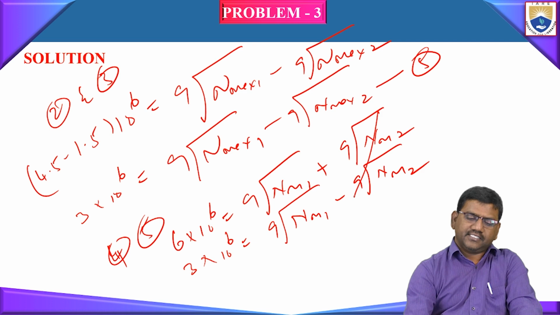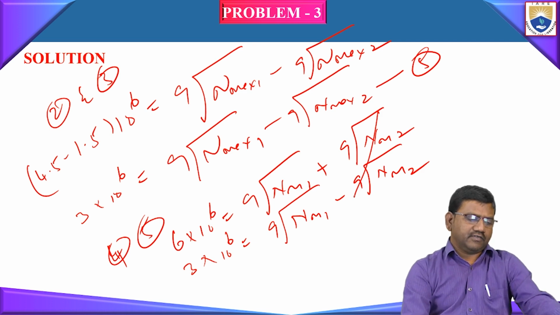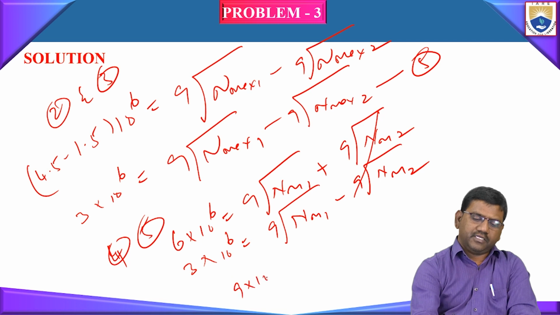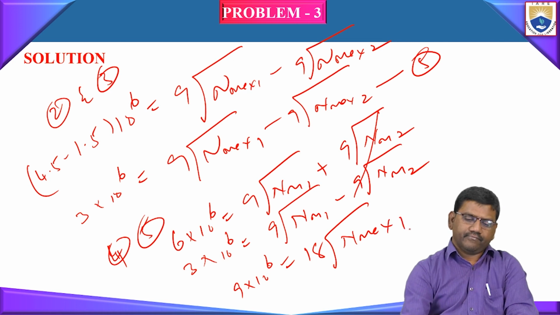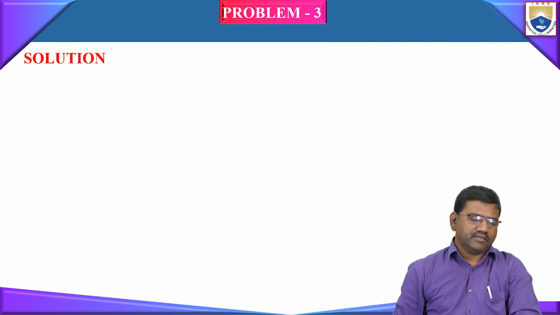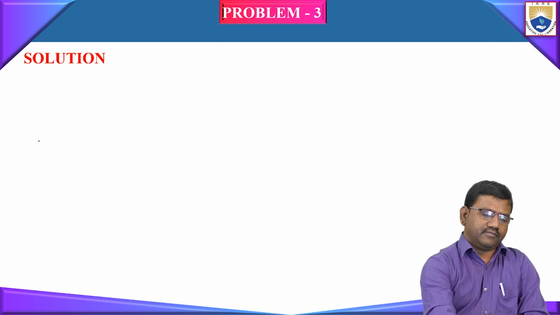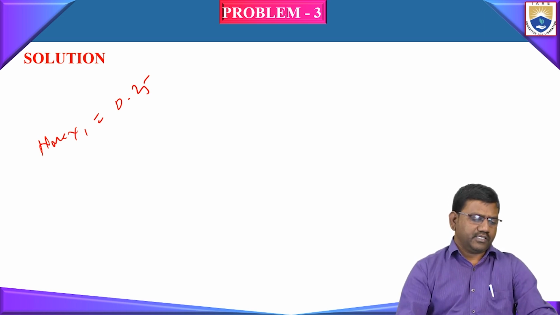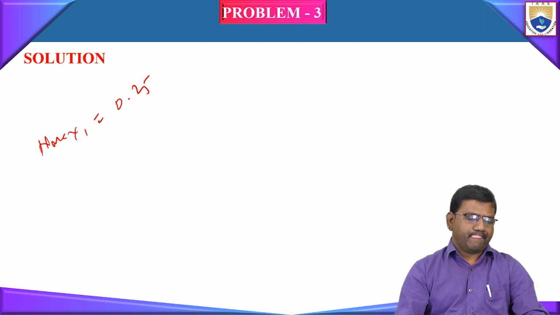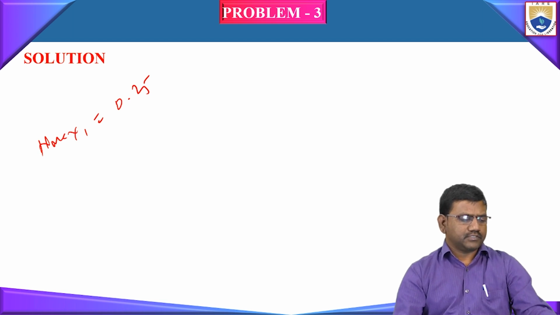Here these two get cancelled. If these two get cancelled, what is the remaining term? We'll get n max 1 here. So 9 into 10 power 6 is equal to 18 root n max 1 here. So from this equation, you will get n max 1. N max 1 is equal to 0.25 into 10 power 12.